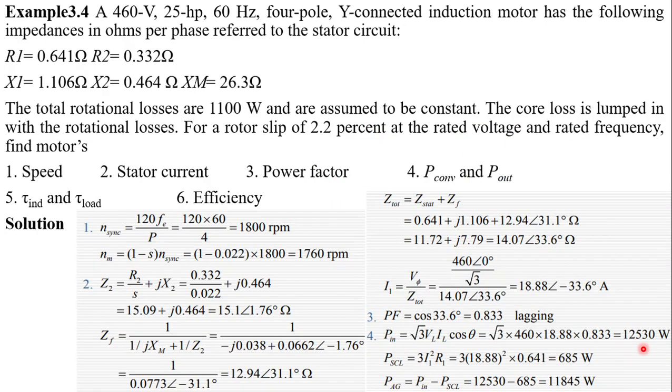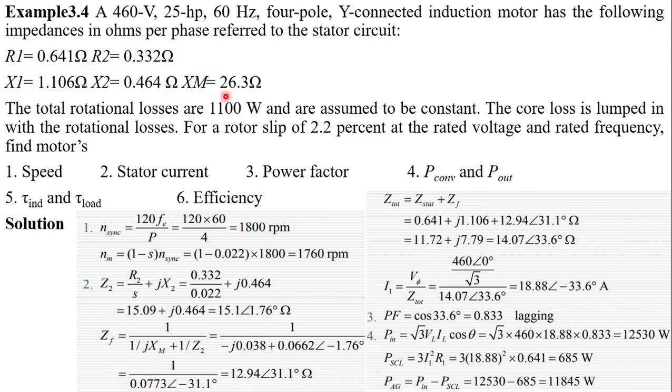Now the next example: a 460 volt 25 HP 60 Hz 4 pole Y-connected induction motor has the following impedances in ohms per phase referred to the stator winding. Stator resistance, rotor resistance, stator reactance and rotor reactance are already given.